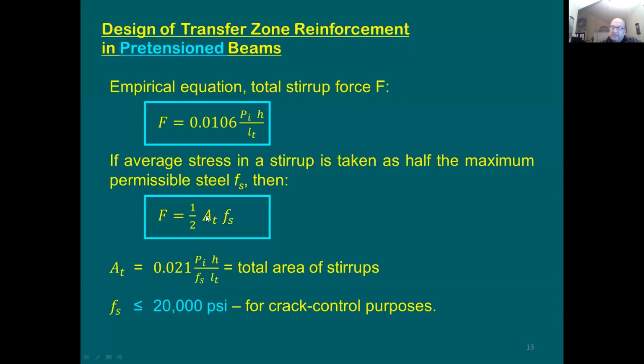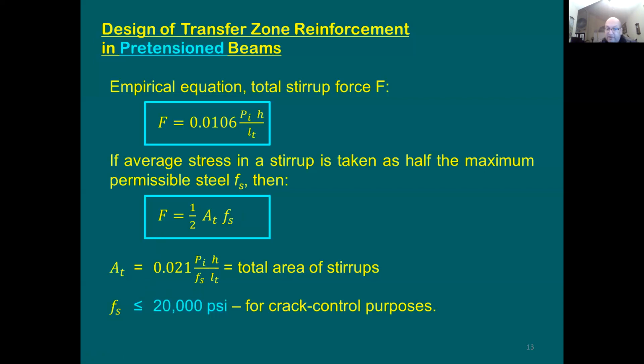A sub T is going to be equal to 2 times the area of 1 rebar of this tie, multiplied by F sub S. How much is this F sub S? Let's say F sub S, to control the amount of cracking that happens in the block, is going to be taken as 20 KSI. I understand that the yield strength for the steel is going to be maybe 60 KSI, but I'm going to be limiting the stresses to 20 KSI just to control the amount of cracks that you're going to see at the end of the block.